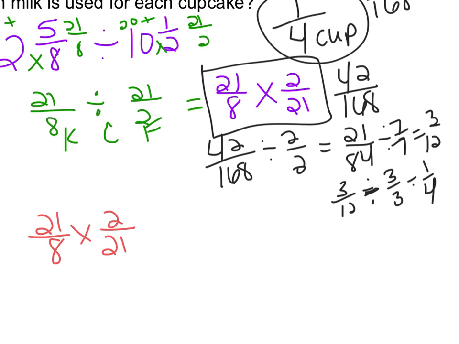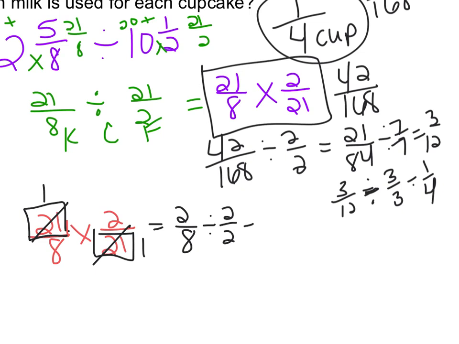Because we have the same number across, so you have 21 here and 21 here, I could cross it out and put a 1, cross it out, put a 1. So I simplified it right there. Now all I have to do is 1 times 2 is 2. 8 times 1 is 8. So now I have 2/8. I could divide that by 2. And that gives you 1/4.